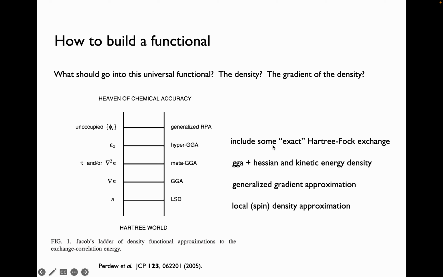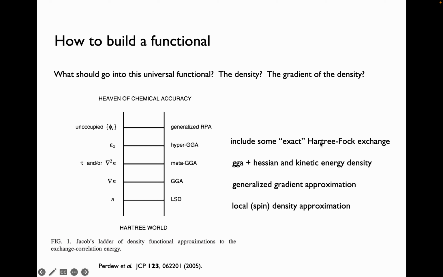Hyper-GGA includes some exact Hartree-Fock exchange. So there is, in Hartree-Fock theory, a type of electron-electron correlation that has to do with the exchange of same spin electron coordinates. And so Hartree-Fock actually captures the exact behavior of that kind of correlation.